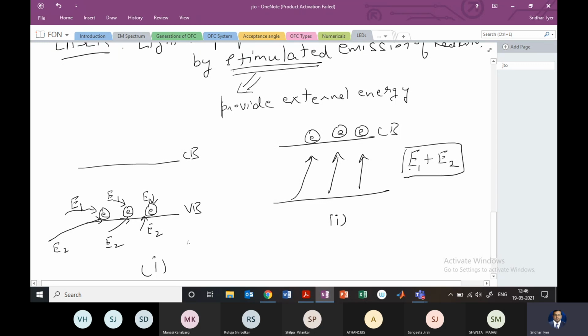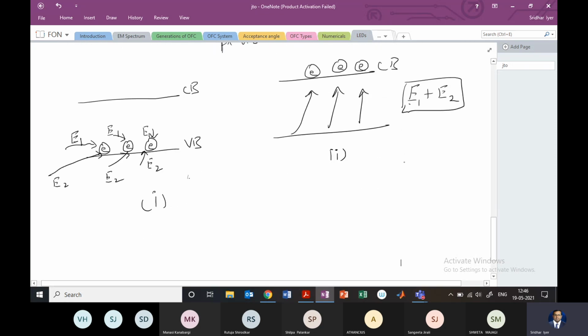So the energy in the electrons is E1 plus E2, right? So what we are doing in this case is, apart from the absorption, we are also giving a stimulant to the electrons so that they can overcome the band gap energy and move to the conduction band, right?